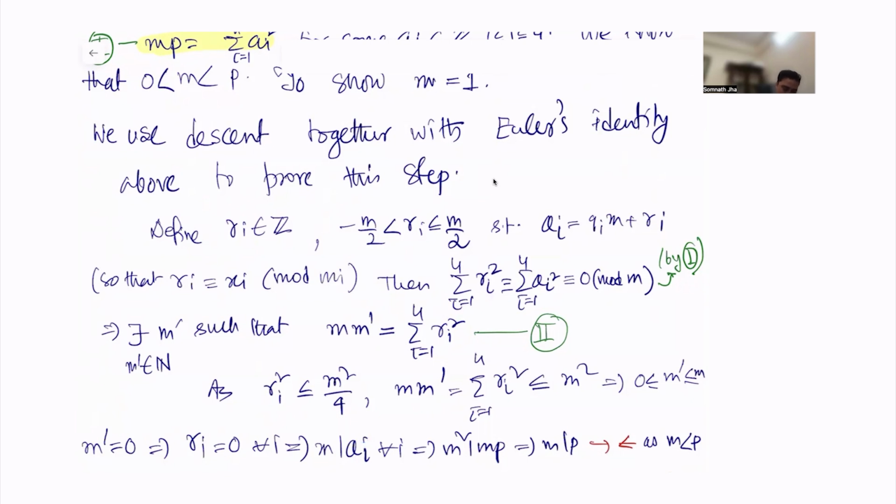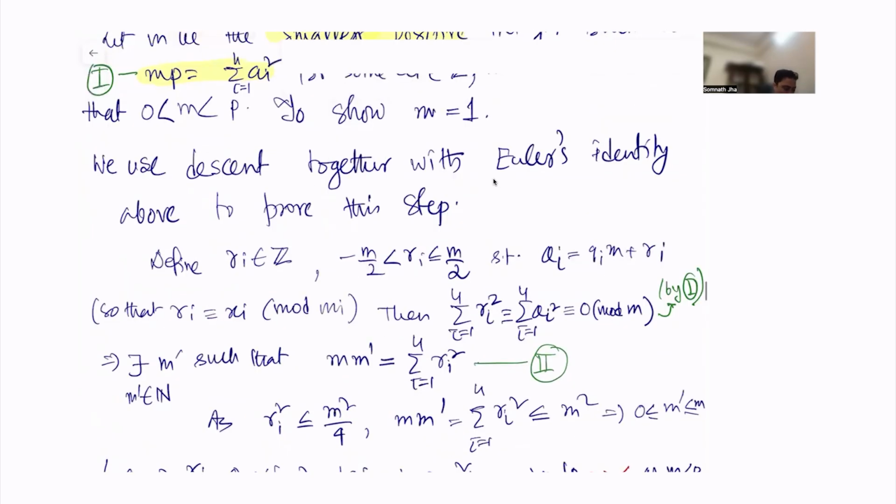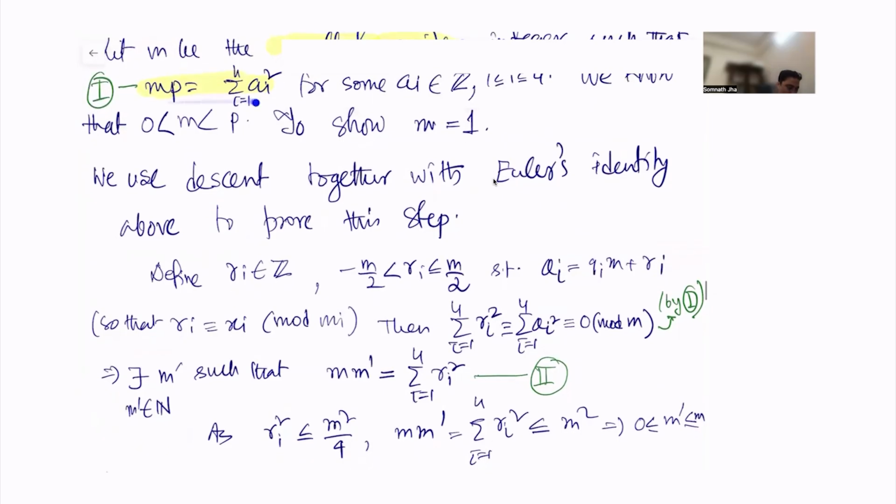If m divides ai, then m square divides m times p, because m times p is summation ai squared.